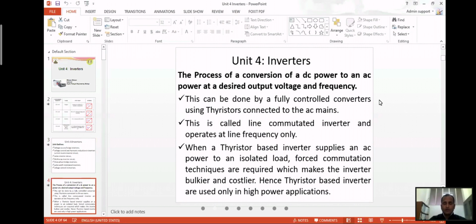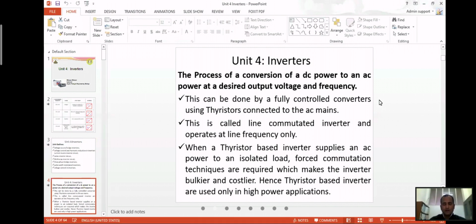When the thyristor based inverter supplies AC power to an isolated load, not connected to a grid or your system but in isolation mode, force commutation techniques are required.